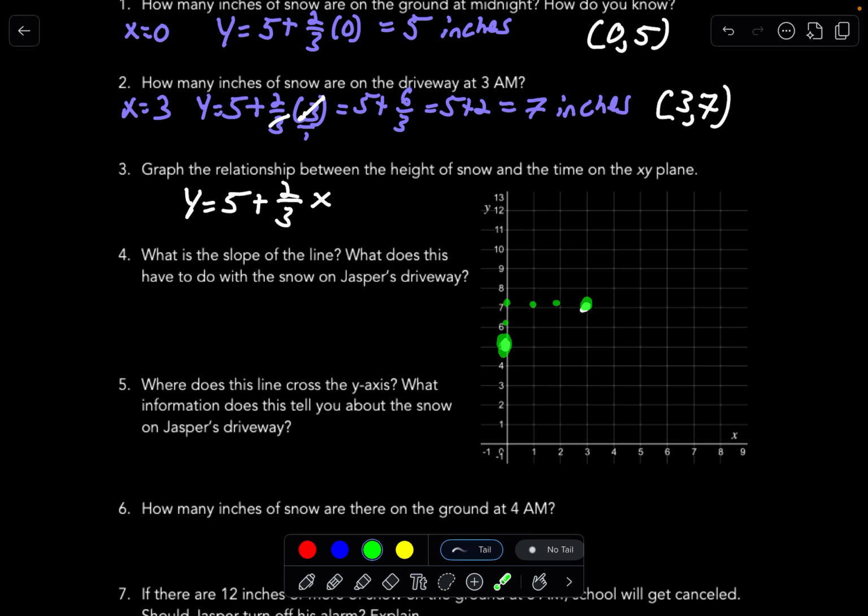Then if we wanted another point, we go up 1, 2, and to the right 1, 2, 3, and put a point there. And it goes off the grid. I just wanted to put more dots down. You notice that does form a line.